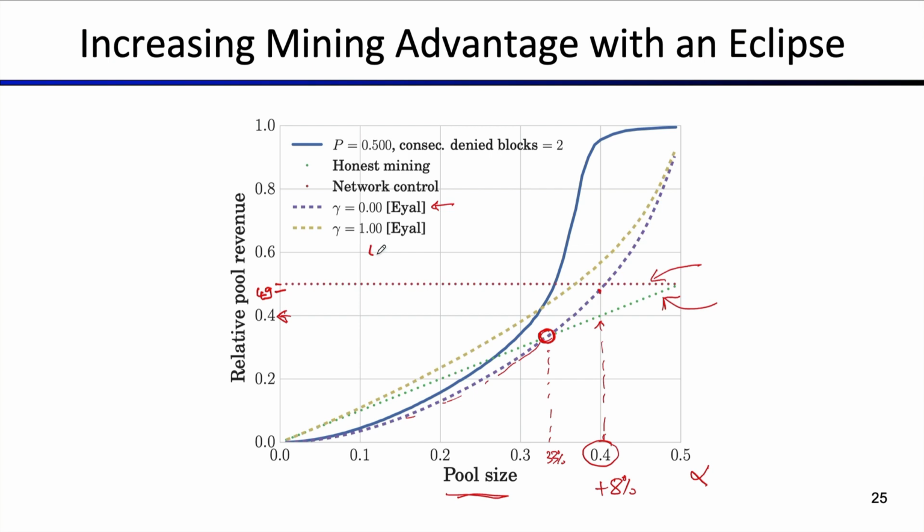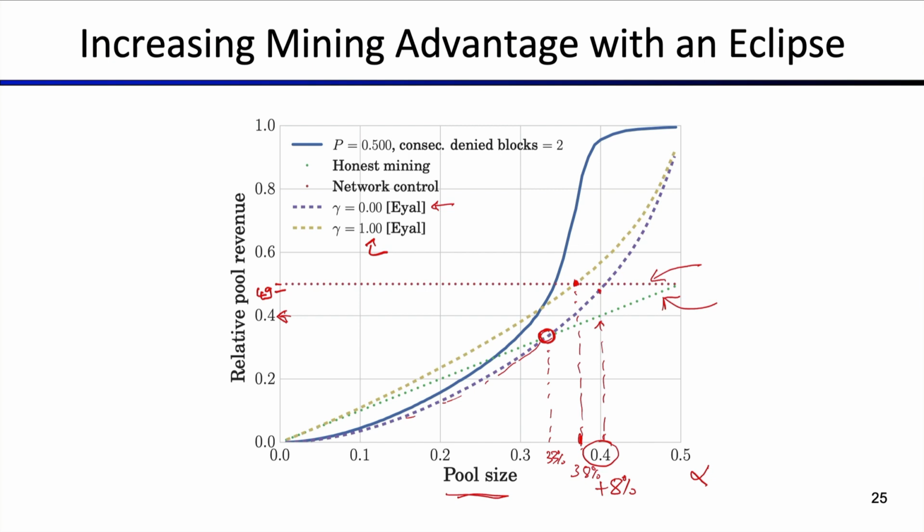If the propagation parameter here is 1, we basically only need about, let's say, 37 to 38%. I haven't checked the numbers specifically. Basically, we own the chain at 50%. This is quite alarming.